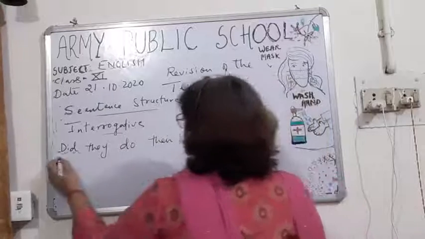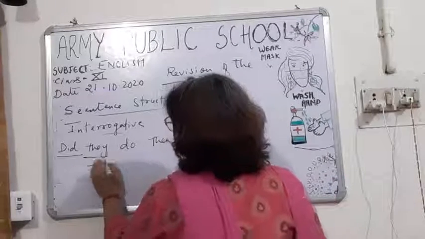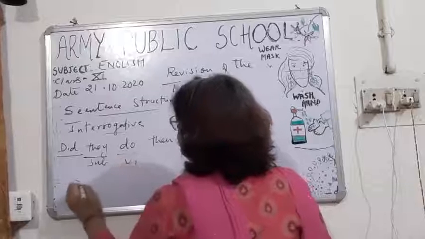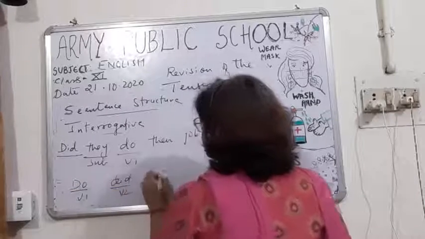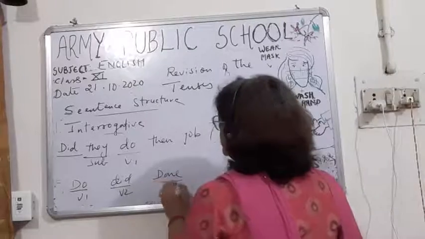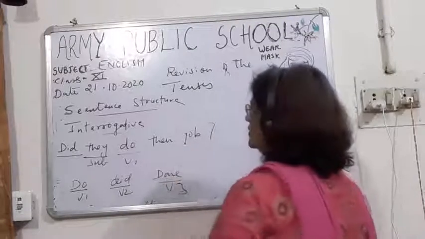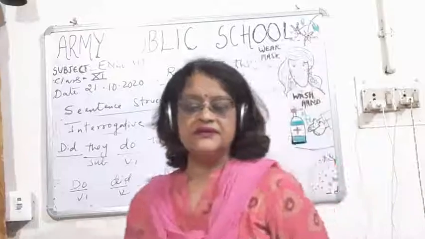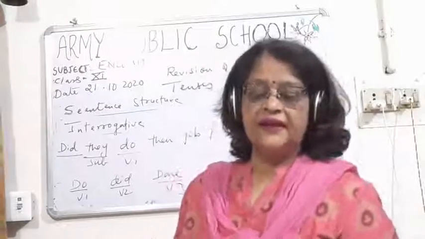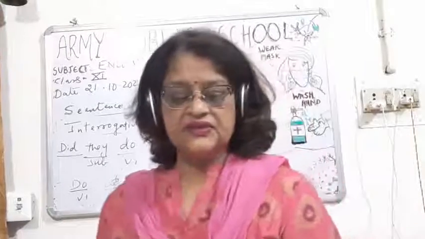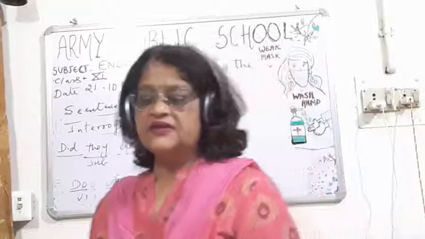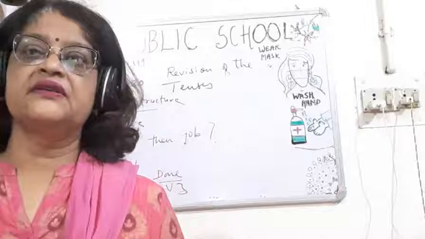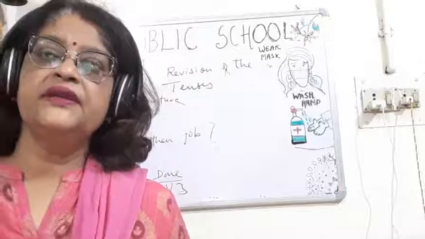So here this is the subject and this is V1. Do is V1, did is V2 and done is V3. Okay. So this is the interrogative sentence, and I've already told you the uses. It is used to express a habitual action in the past, and the things which are already completed.